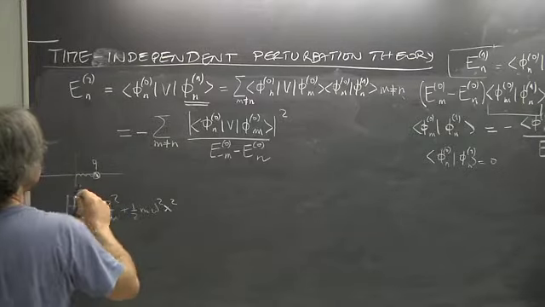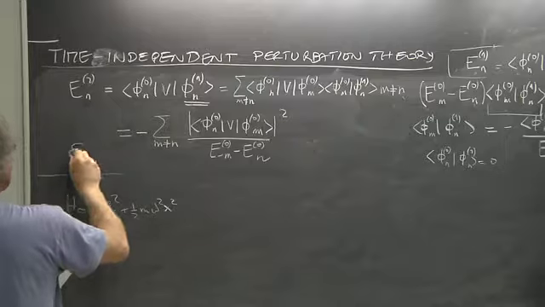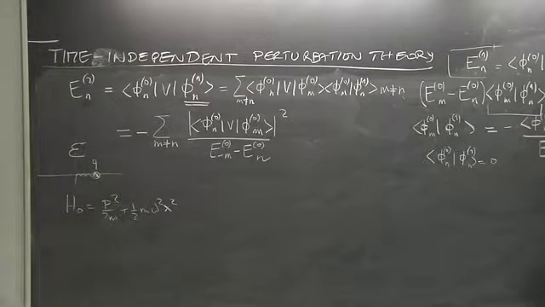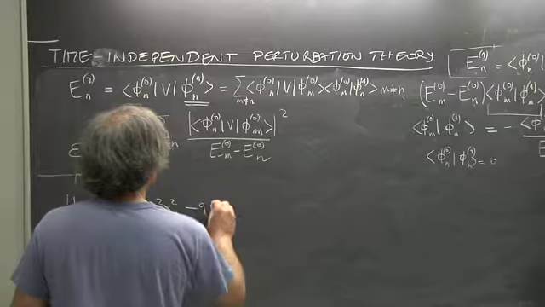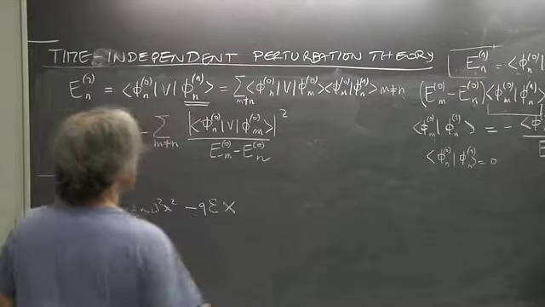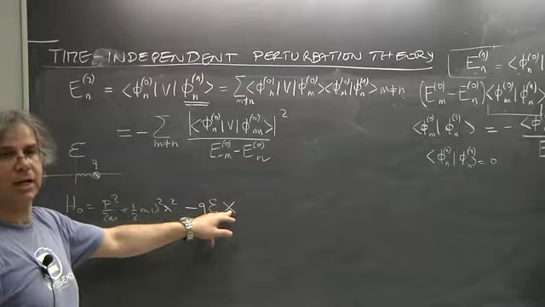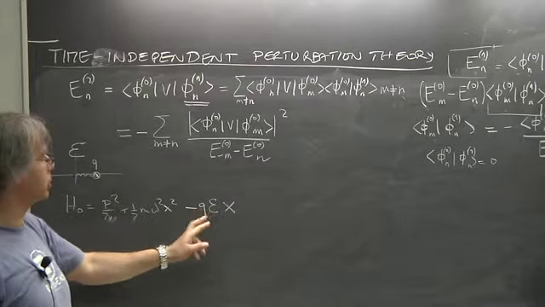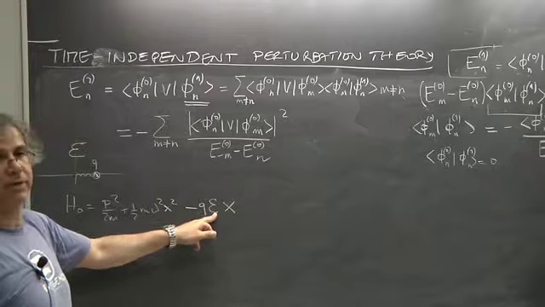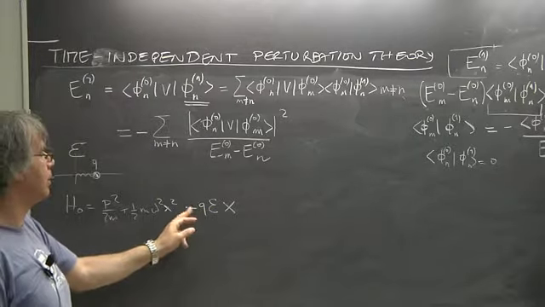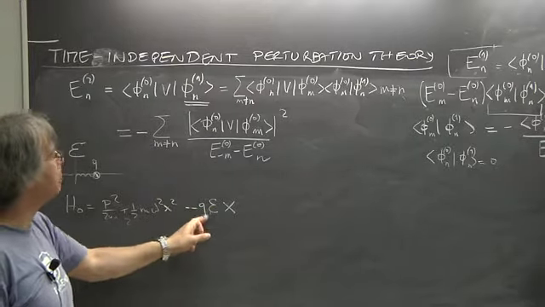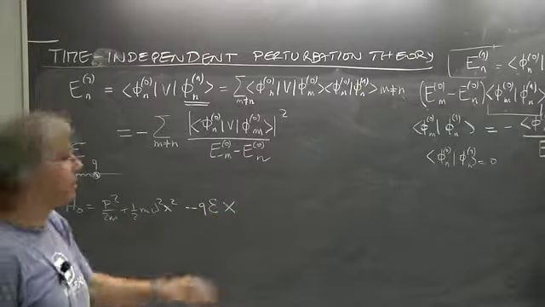In order not to confuse the electric field with the energies, I will use this calligraphic E for the electric field, okay? So an electric field generates a potential that is minus Q, the electric field times X. In fact, if I take the derivative of this, I get the force. The force is just Q electric field. And therefore, the potential has to be minus Q electric field times X, okay?